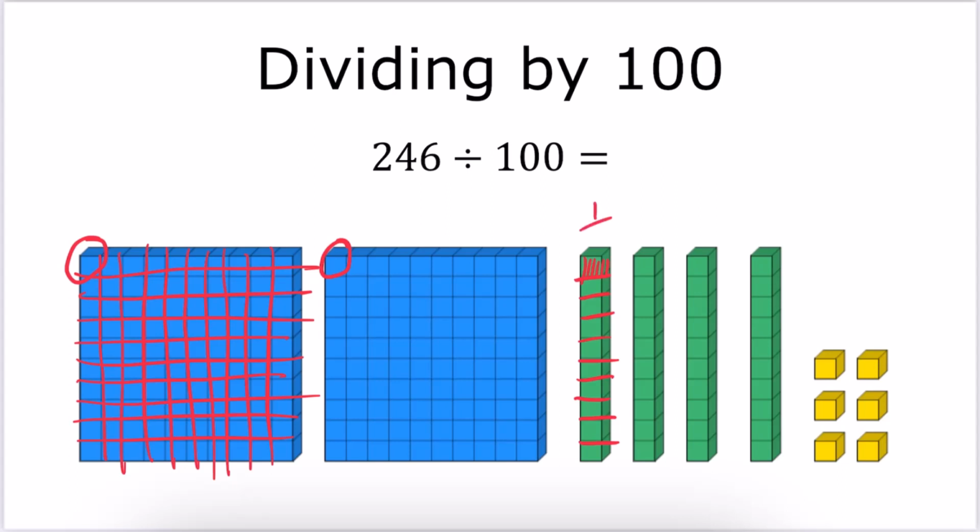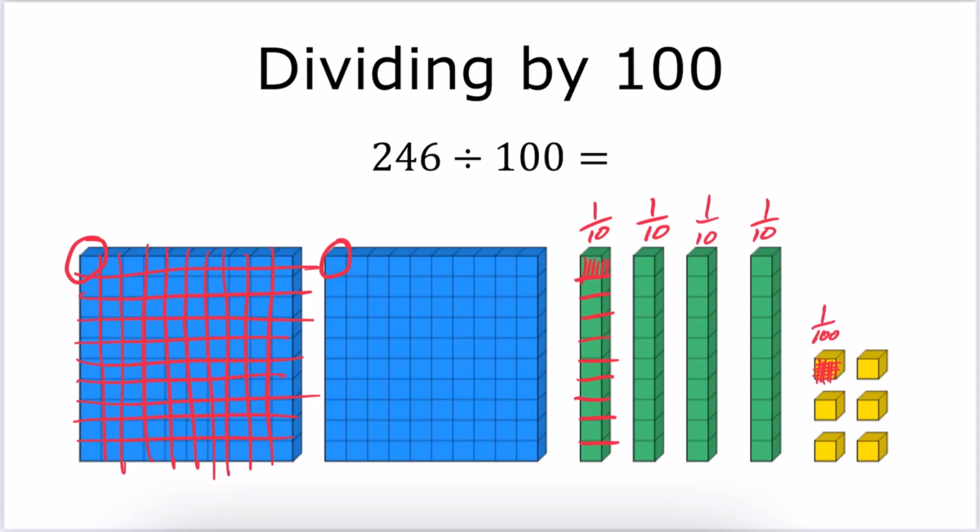So you'd get a tenth from this, and a tenth from this, and a tenth from this, and a tenth from this. And if you were to split each of these ones into 100 equal sized groups, you would get a hundredth from each one, because if you split it up into 10 equal sized groups and then split those up into 10 equal sized groups, you're going to get a hundredth from each one of those one blocks.